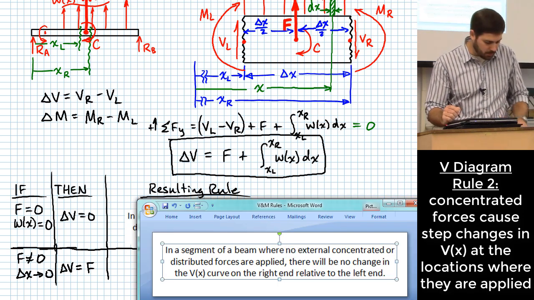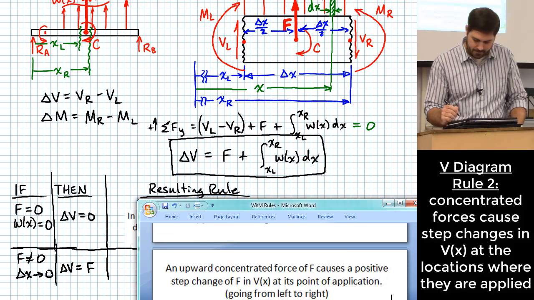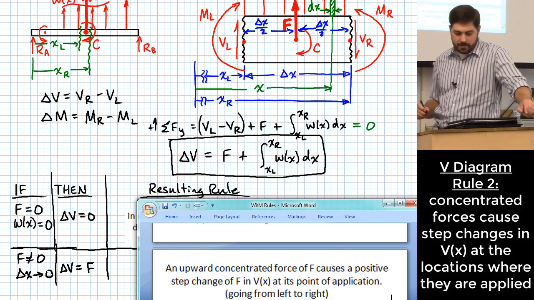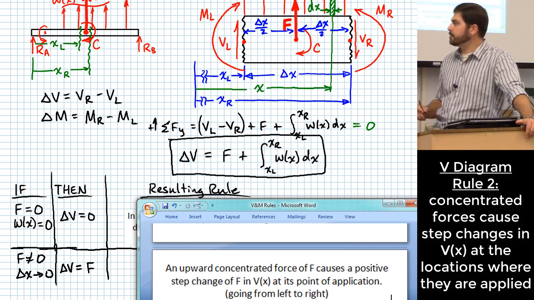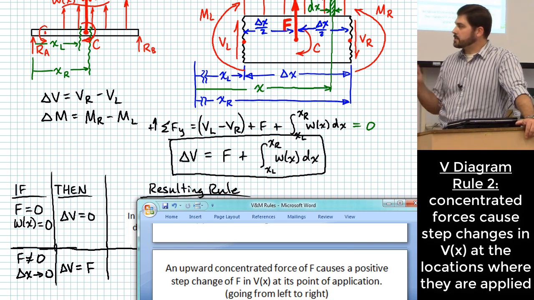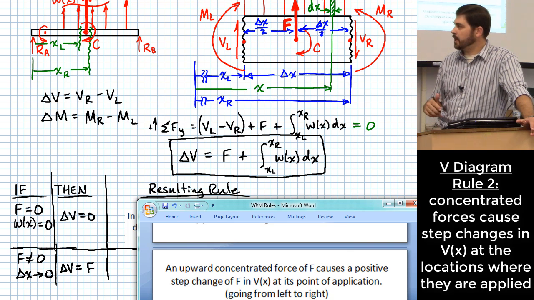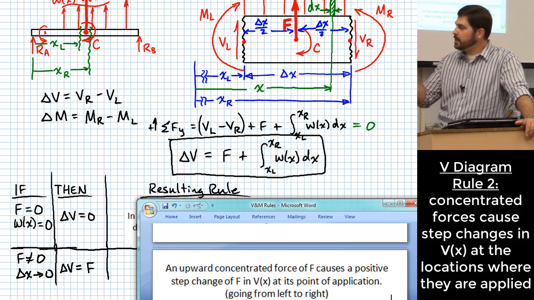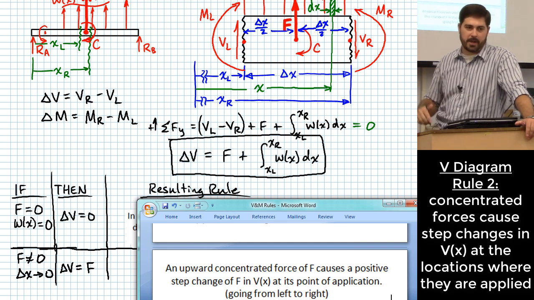Okay? Second rule we've got is that an upward concentrated force of F, because notice we showed it upwards on this diagram, causes a positive step change of a value of F in the function v of x at the point where it's applied.